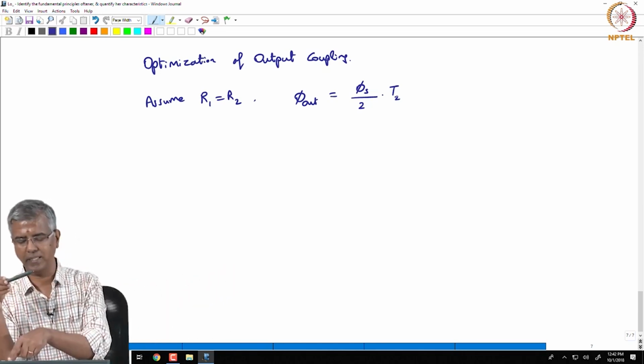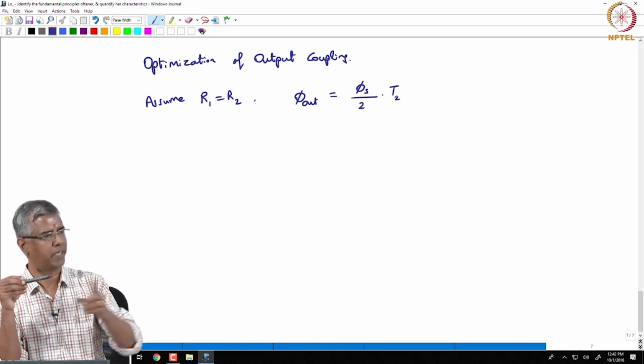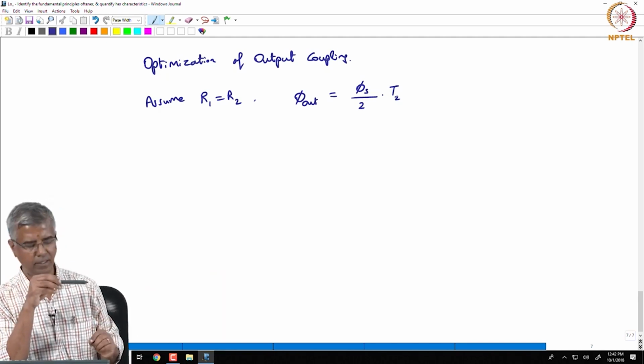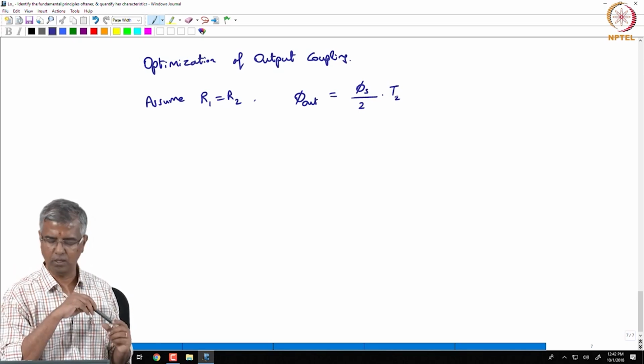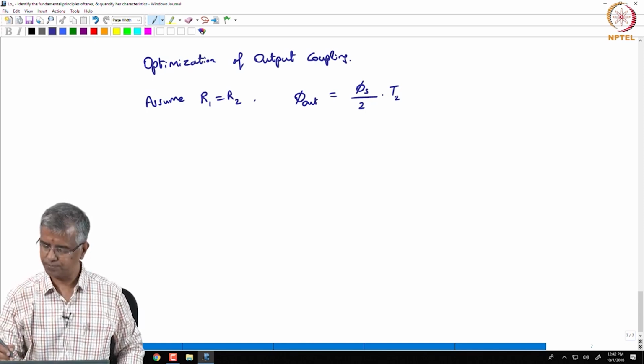If you have that condition, that factor of 2 will go away, because you are extracting everything out of one end. You understand that? I am just being consistent with what is given in Saleh and Teich, the textbook.